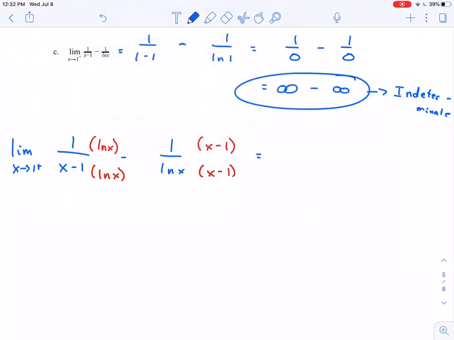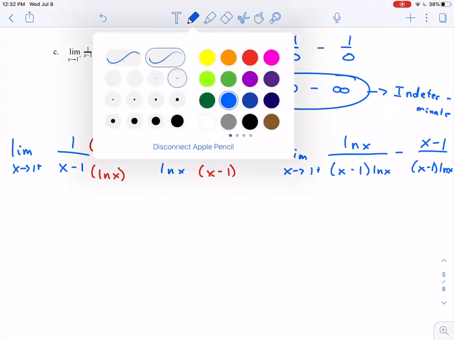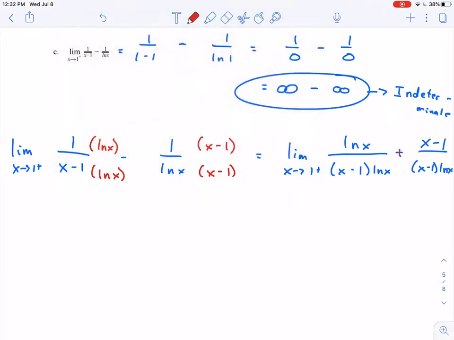So let's see, I will have the limit as x approaches 1 from the right, natural log of x, my denominator here, x minus 1 times natural log x, minus x minus 1, divided by x minus 1 times natural log x. I'm just going to distribute this minus sign here so that we don't forget to do that. Otherwise, it's a really easy mistake to make.